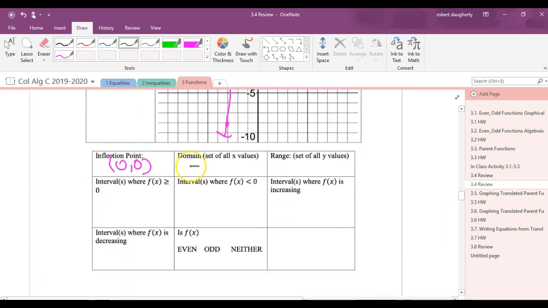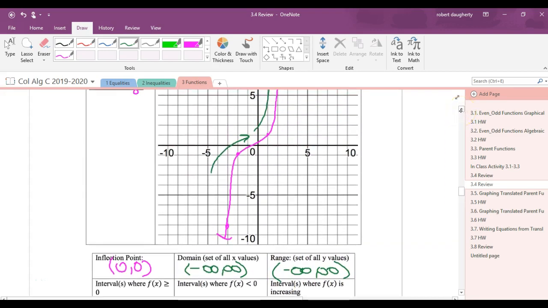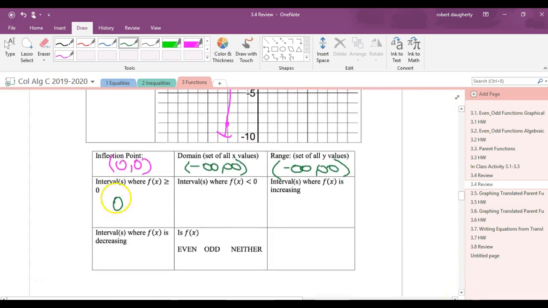The domain, negative infinity to infinity, same as the range on this one. Intervals where this thing is greater than or equal to 0. Well, that's going to be from this point on. So from 0 to infinity. Where is it less than 0? That's negative infinity to 0.